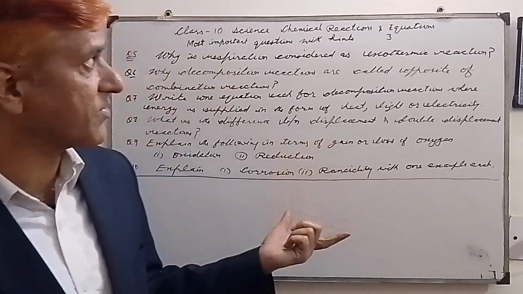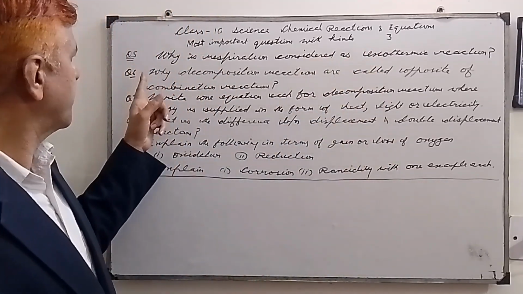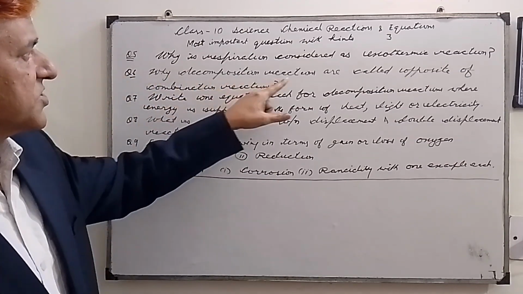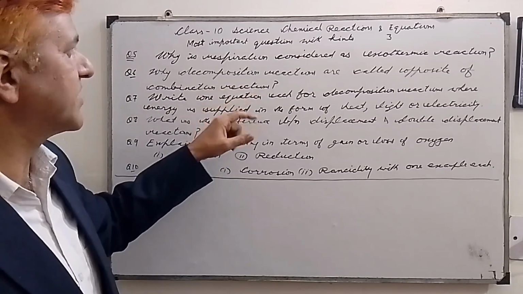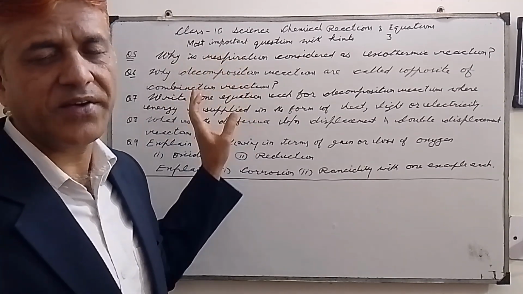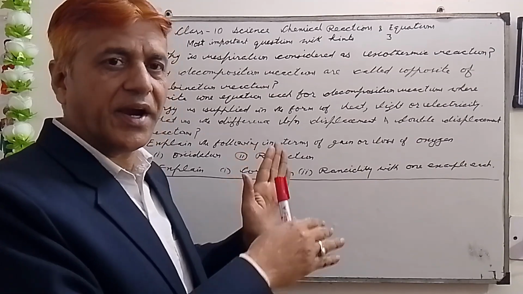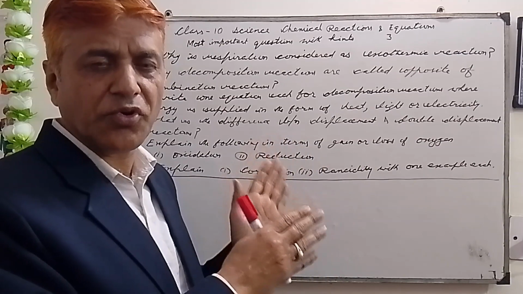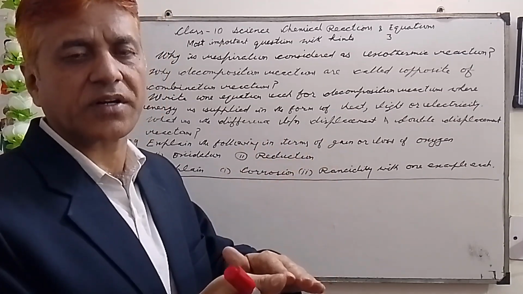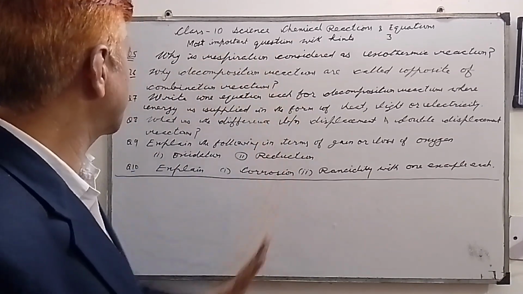Heat is evolved, so that is why this is an exothermic reaction. Next question: why are decomposition reactions called the opposite of combination reactions? In a decomposition reaction we have one reactant and two or more products, and in combination we have two or more reactants and one product. So that is why they are considered opposite to each other.